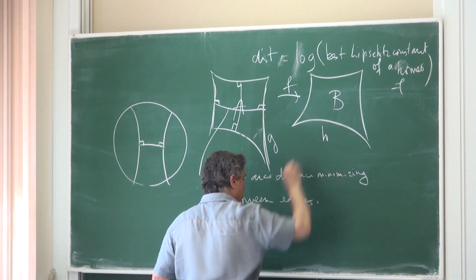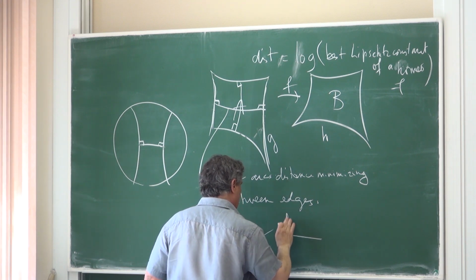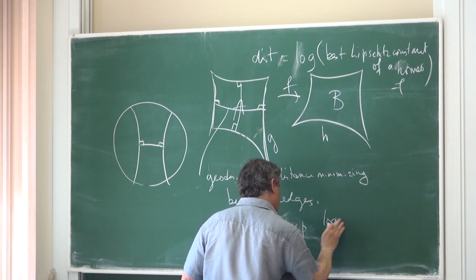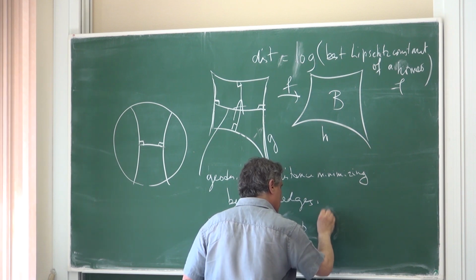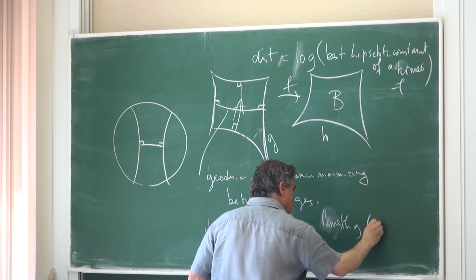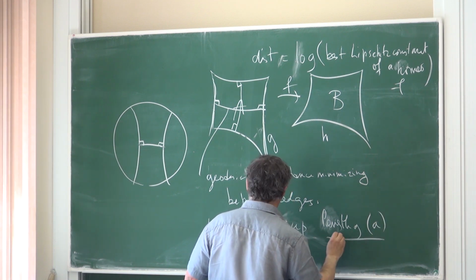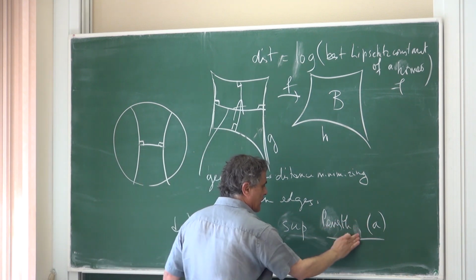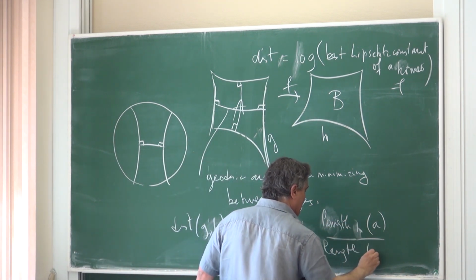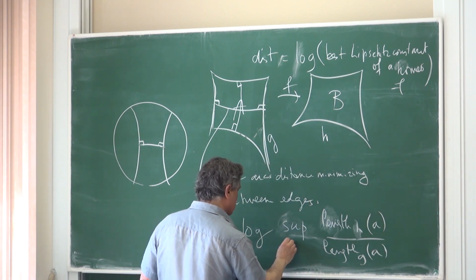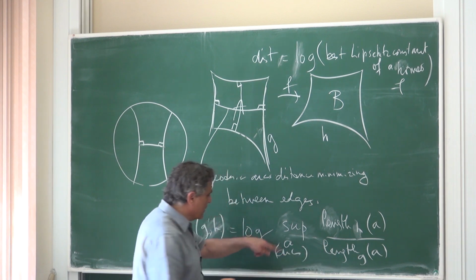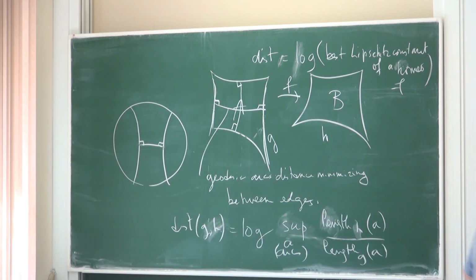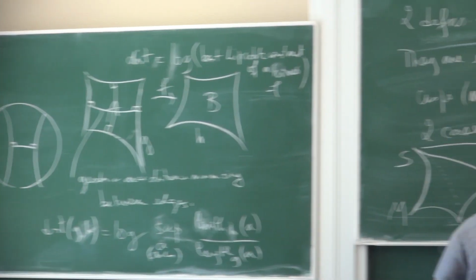This is G, this is H. Well, the supremum of log, the supremum of the length with respect to H of this arc A over the length with respect to G of this arc A. This is the distance between G and H, and the supremum is over all the arcs A. Here I have only two, but in the case of a pentagon I have more than two. I have this one here, this one here, this one here.